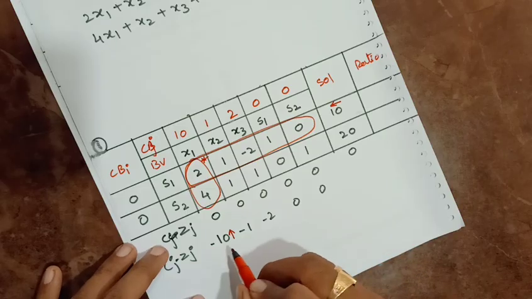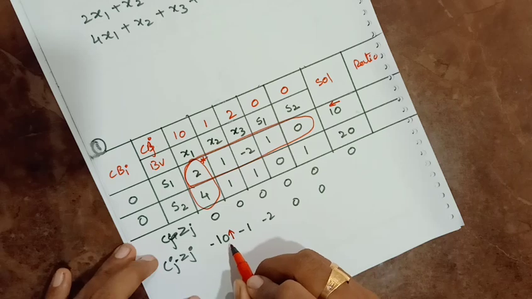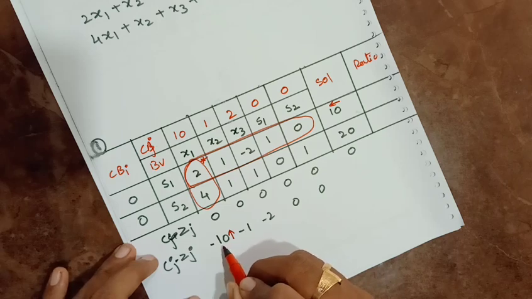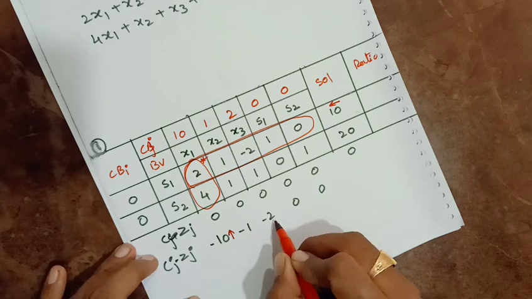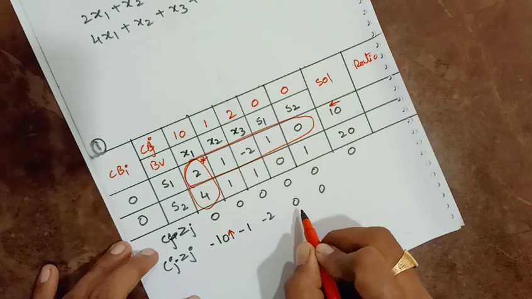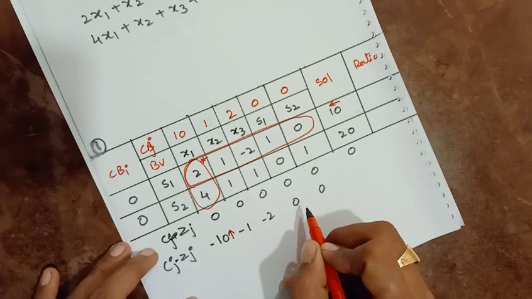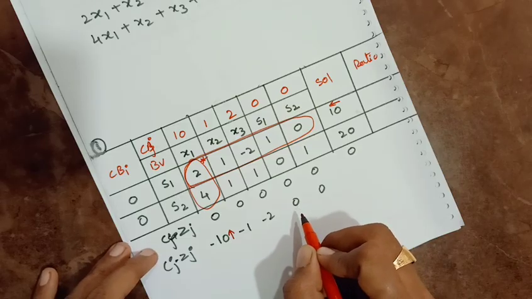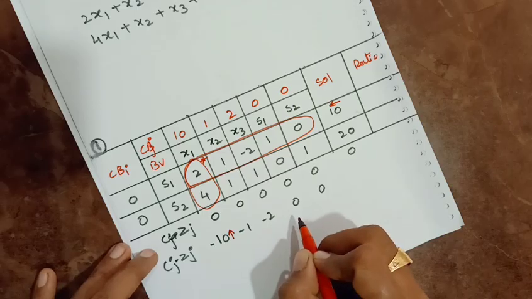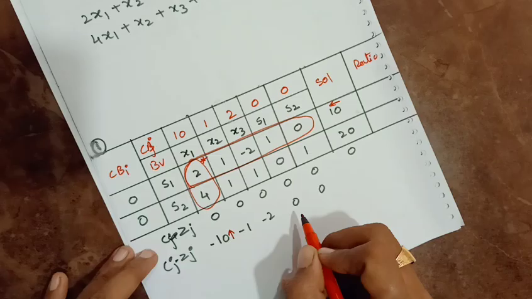Now as Cj minus Zj, still we have negative values. It should be equal to 0 or greater than or equal to 0, then only we will reach the feasible solution. So still, as we have not reached the feasible solution, we have to move to the next iteration.